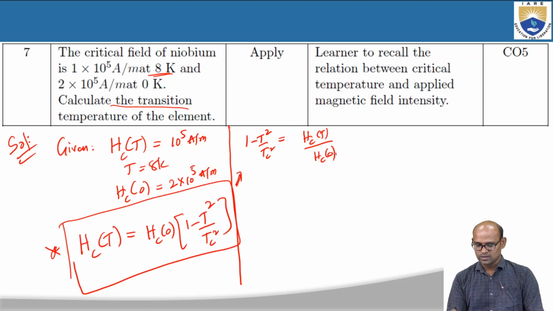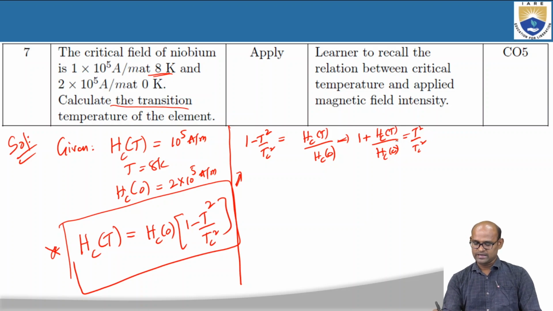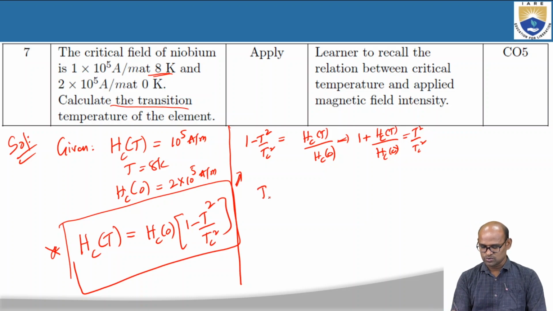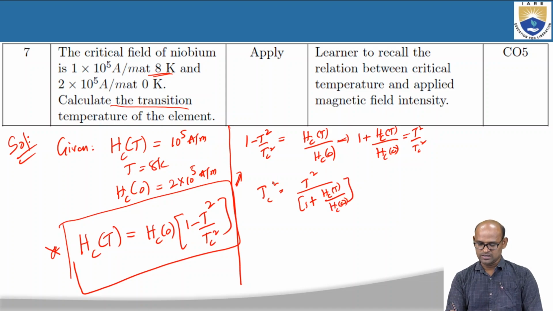Next, I am going to move this side, so 1 plus Hc of T divided by Hc of 0 is equal to T square by Tc square. Now I actually want Tc square. So Tc square is equal to T square by 1 plus Hc of T divided by Hc of 0. We want Tc, not Tc square.